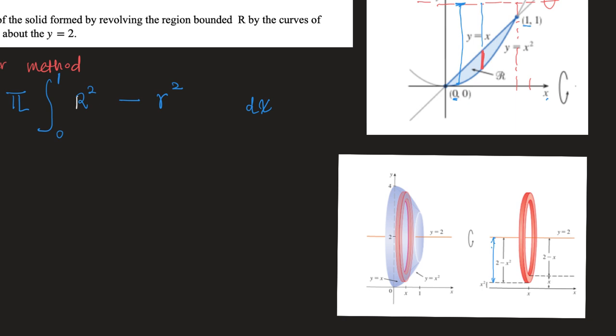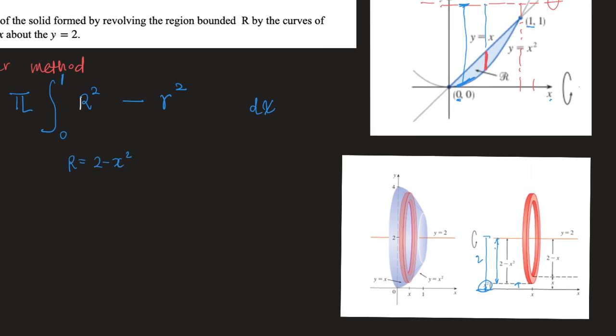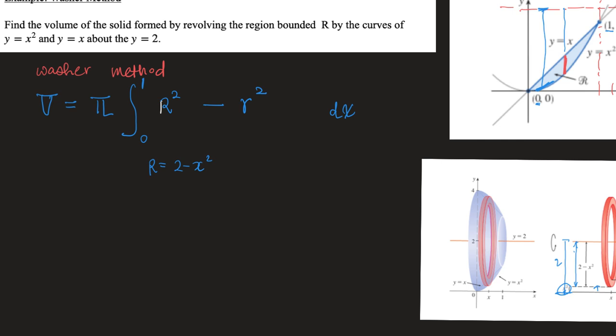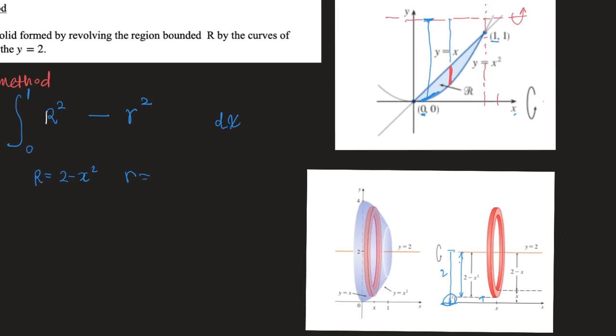How can we find this? From here to here on the axis, that's 2. From here to here, that's this graph, x squared. So the longer radius is 2 minus x squared. That you find first, okay? Now the smaller radius, lowercase r.